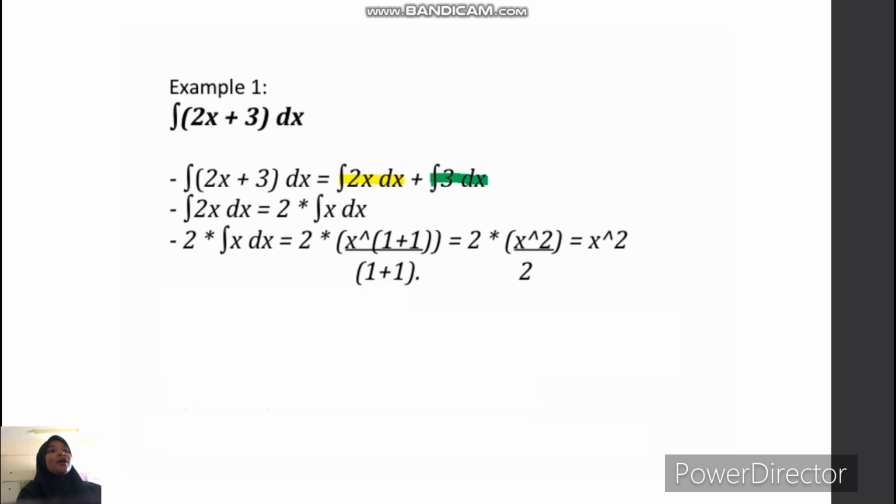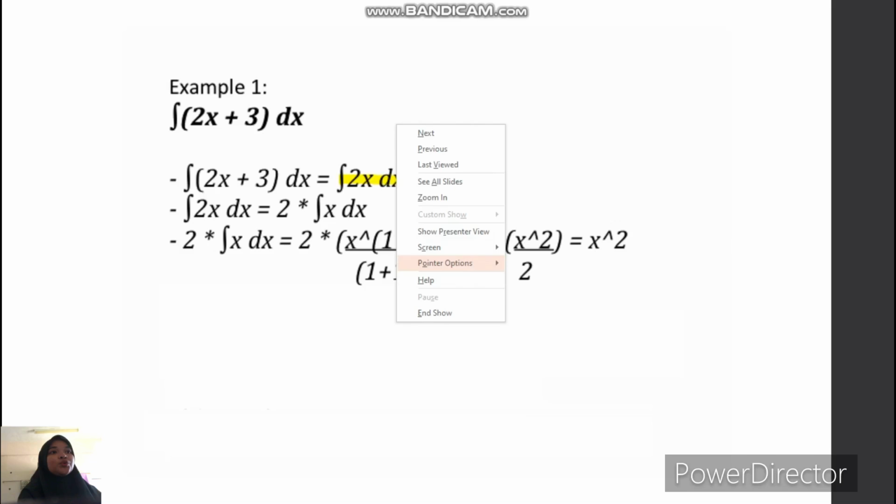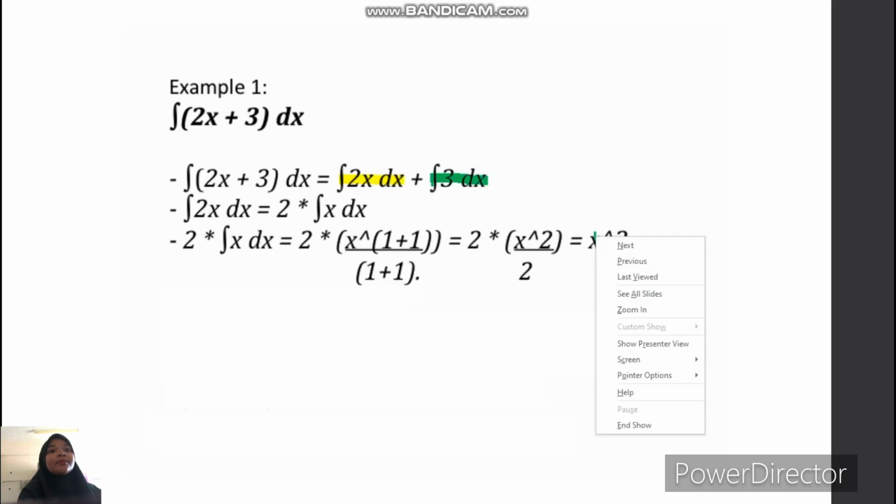After applying the power rule, where n is 1, we get x power of 2 for term number 1. So right now we already have the power rule answer for term number 1.